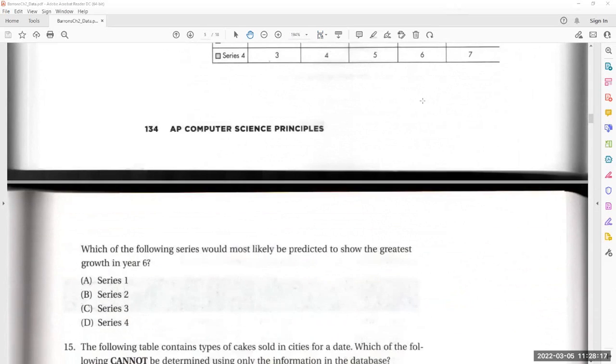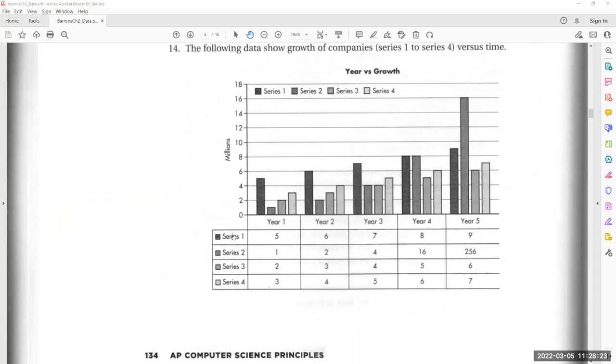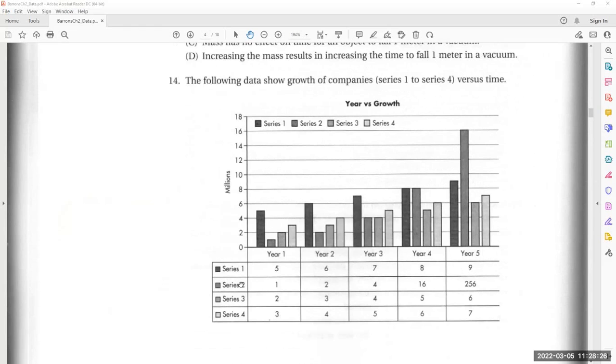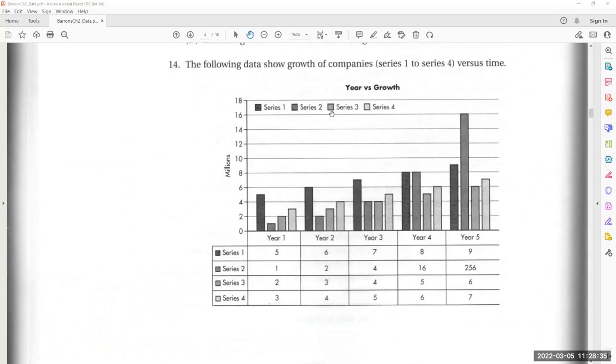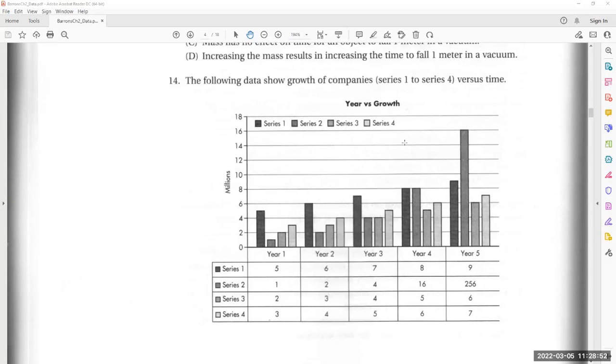Here it says we have series 1, 2, 3, 4, in a table. Which one has the largest growth? You just pick one. Which one has the largest growth? 2.